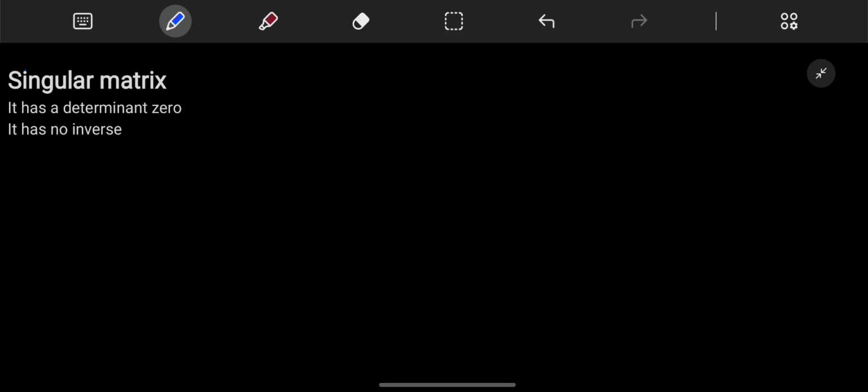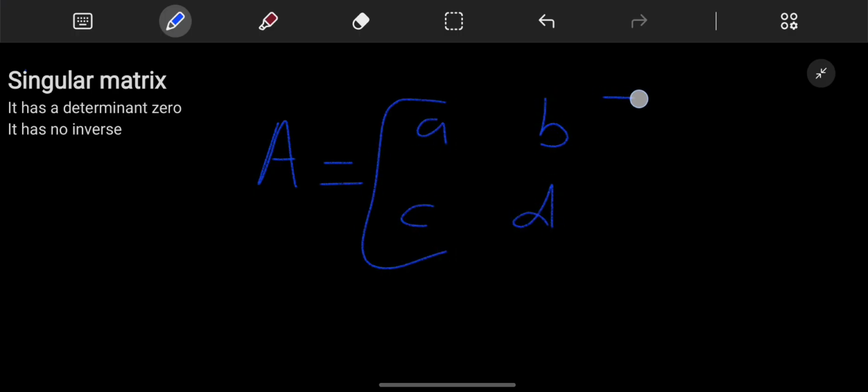A singular matrix is a type of matrix which has a determinant of 0, and a singular matrix has no inverse. So for example, let's say we have matrix A, which is equal to a, b, c, and d.